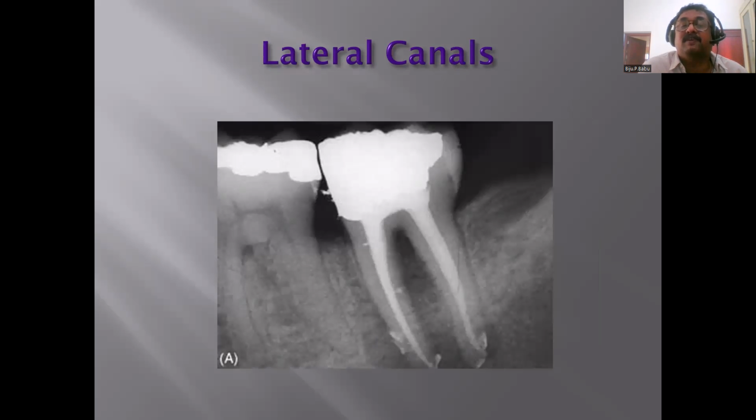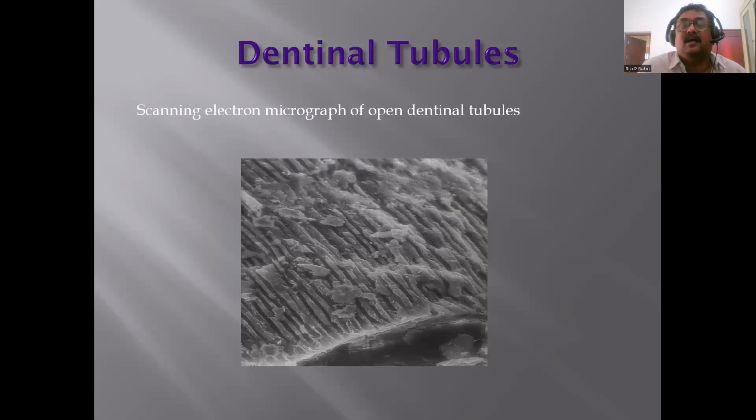So this periodontal defect, after the root canal has been treated with the cleaning and shaping of these lateral canals, healing must have occurred. So it is very important to obturate or clean the lateral canals so that the communication between the pulp space and the external periodontium is sealed well.